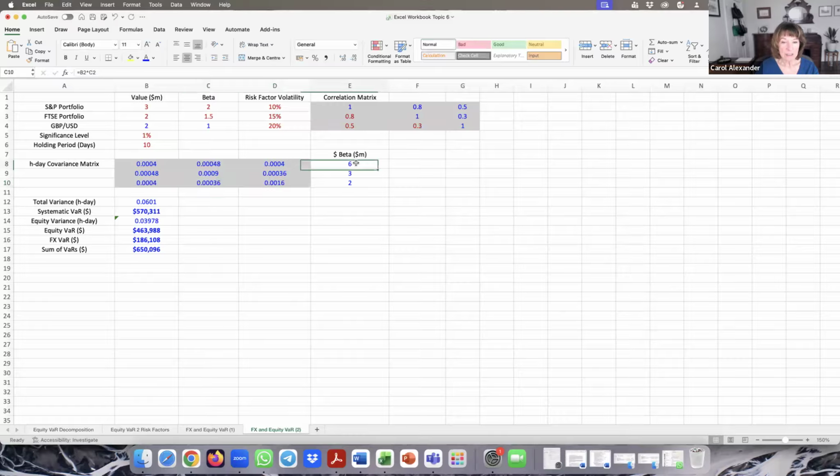And now I've got my betas in dollar terms here. So this beta is 2 times whatever the value is here. This is 1.5 times whatever the value is here. And this one is a product of those two. But it's always the nominal amount invested in that currency because the beta is 1.